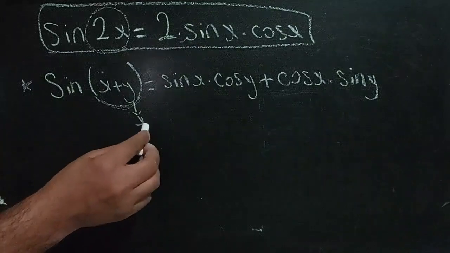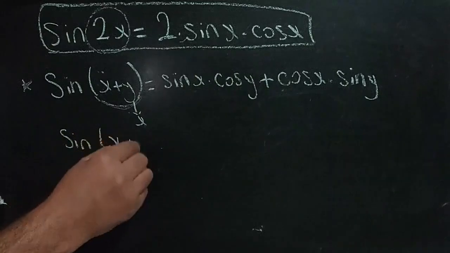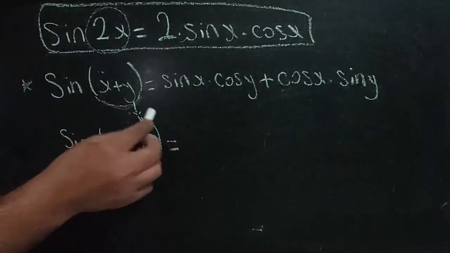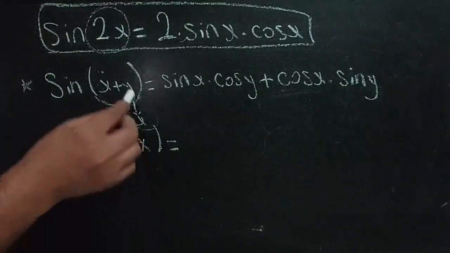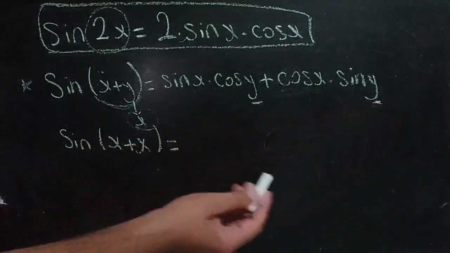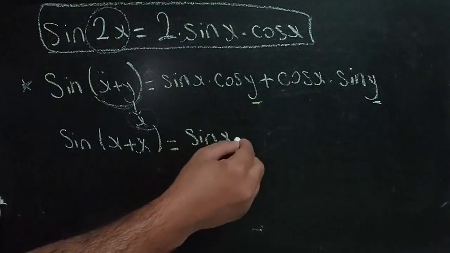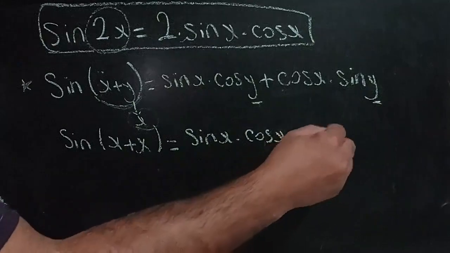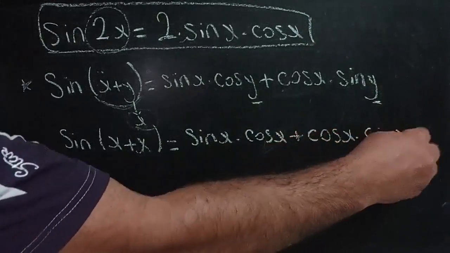Right, so sinus x plus x. So when you write x instead of y, you should write the same thing instead of this y and this y too. That will give you sinus x times cosinus x plus cosinus x times sinus x.